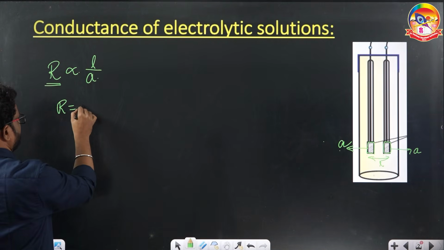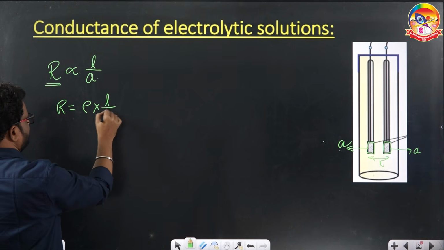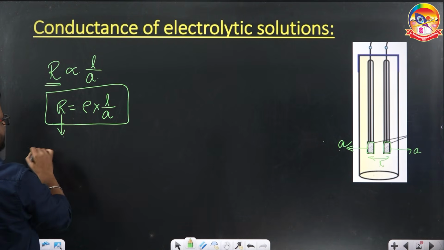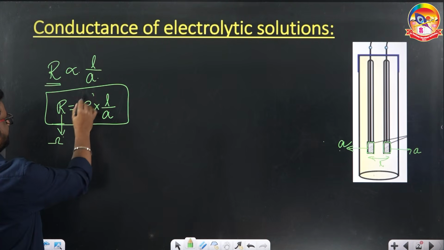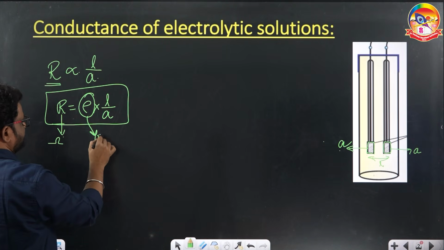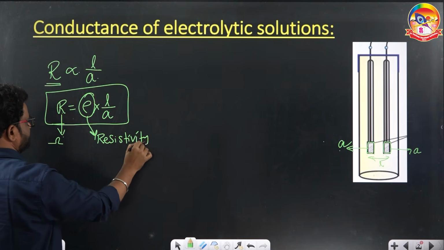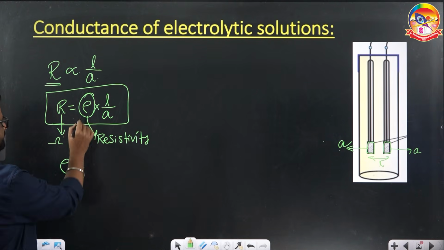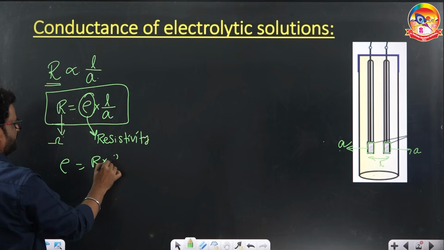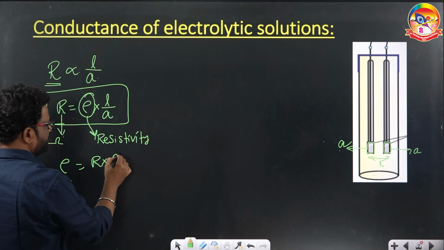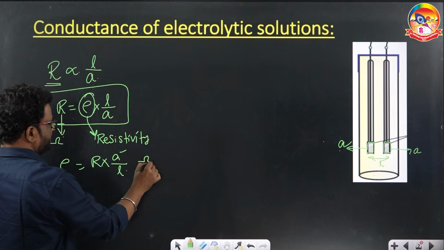R is equal to a constant rho into L by A, where resistance R has units of ohm, and this term rho is called resistivity. And resistivity is equal to R into A by L. That means the units of resistivity will be ohm meter square by meter, that is ohm meter.